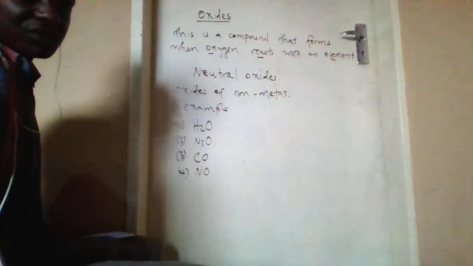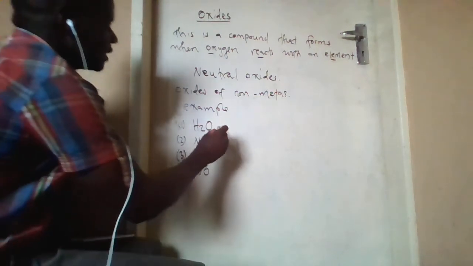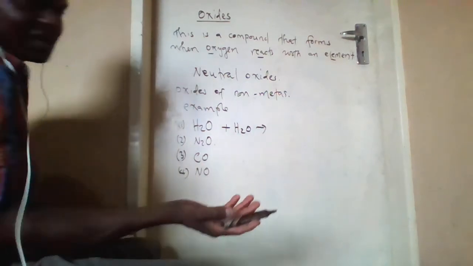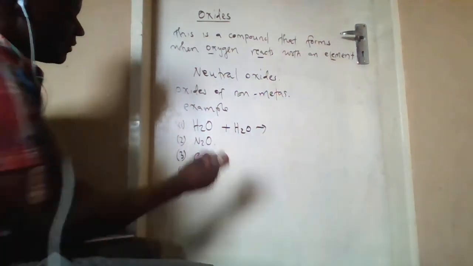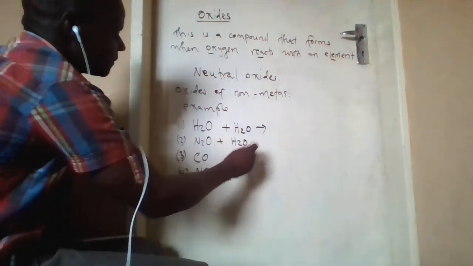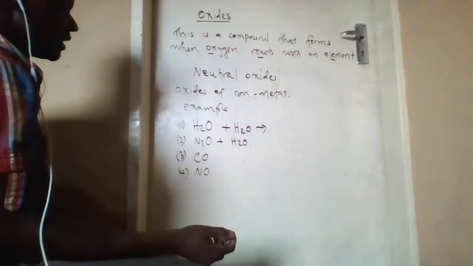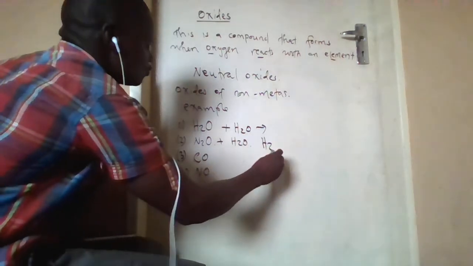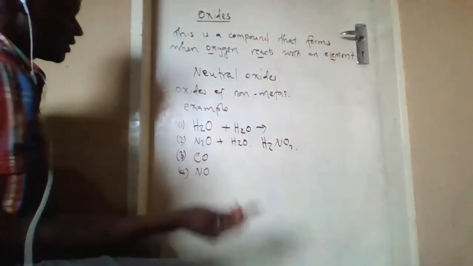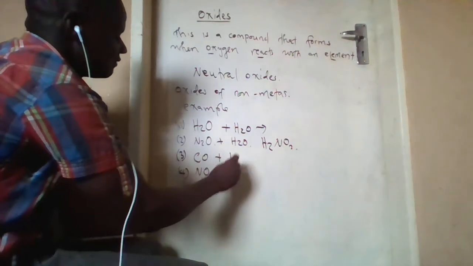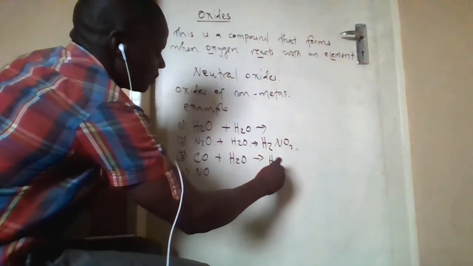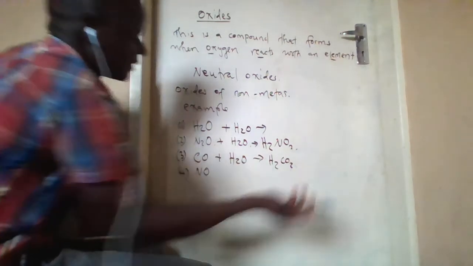So these are examples of neutral oxides. But how do you prove it? When water reacts with water, there's no acid formed, of course. When nitrogen dioxide reacts with water, there is no acid formed. Because even if I say H2NO2, that's not an acid. Carbon monoxide, even if it reacts with water, there's no acid there.